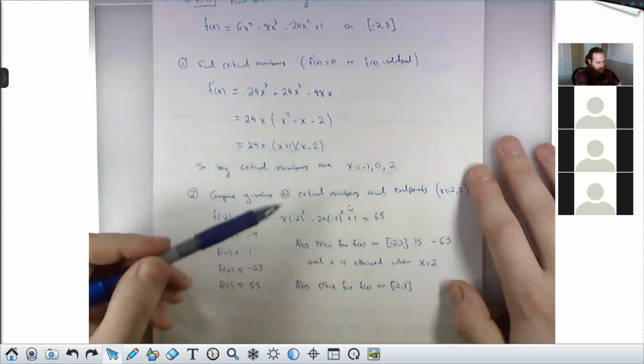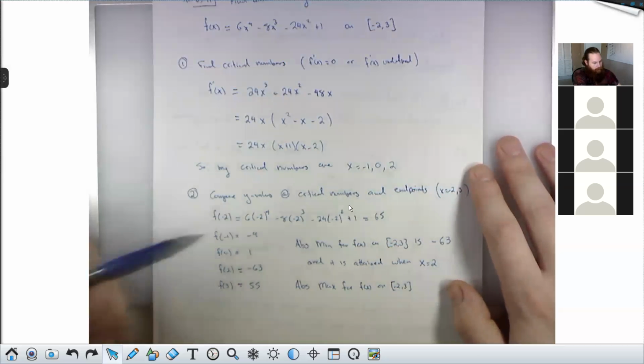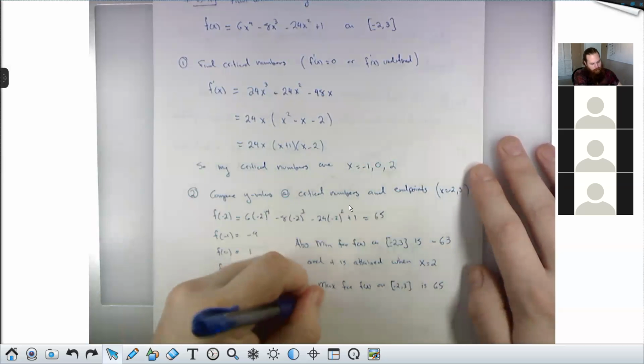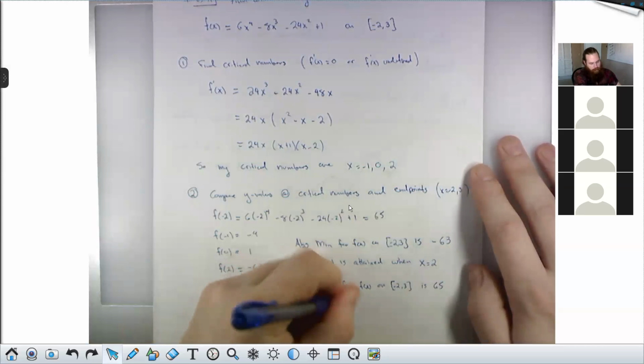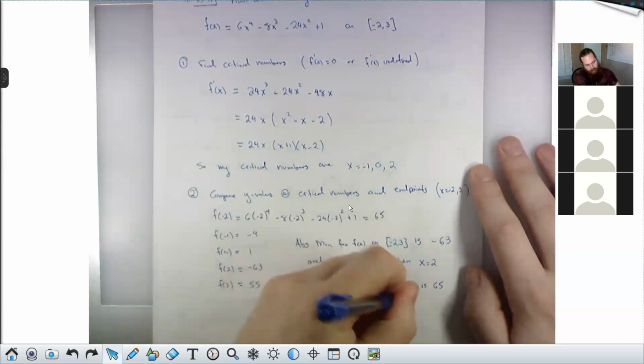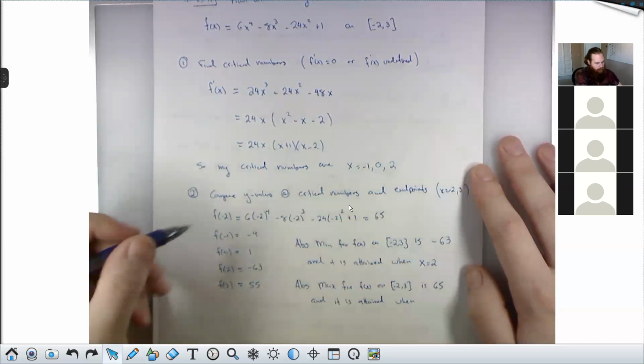What's the absolute largest value here? It looks like 65. And it is attained when x is equal to -2.